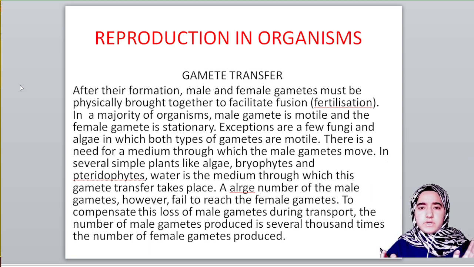So here we end this chapter, Reproduction in Organisms, the first unit of class 12th. It will help obviously in NEET as well as in boards. So please go through these notes.